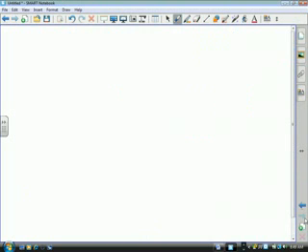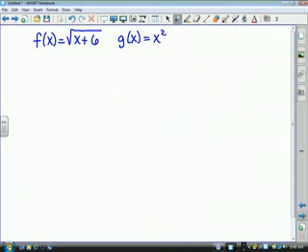Okay, let's do another one. So let's do one where it doesn't really matter. So let's do one where f of x is square root of x plus 6. And let's say g of x is x squared. Okay, notice how I did it different this time. This time, the square root's the f, g is the x squared. So here's how you would do the homework.